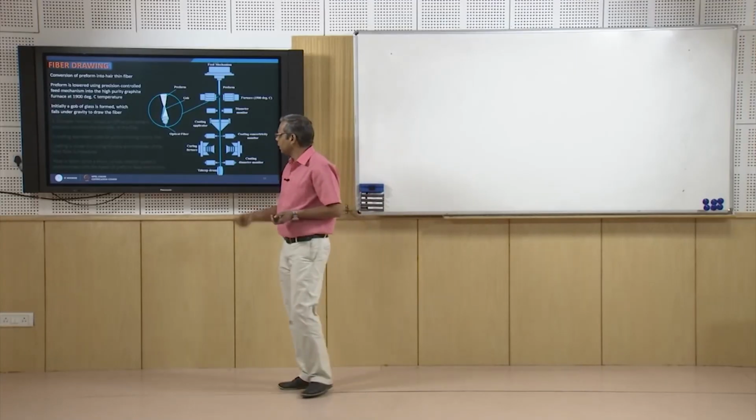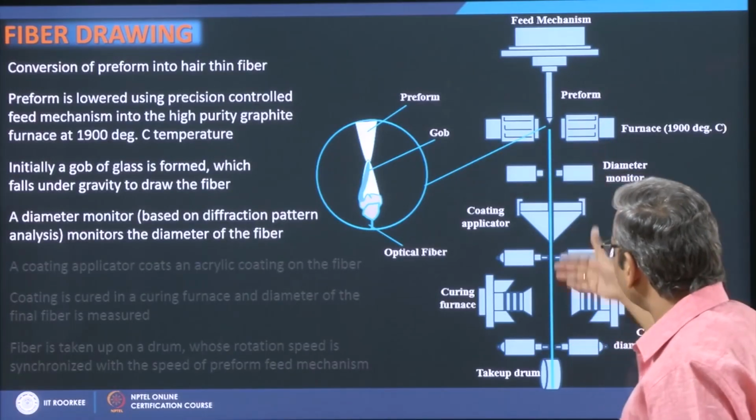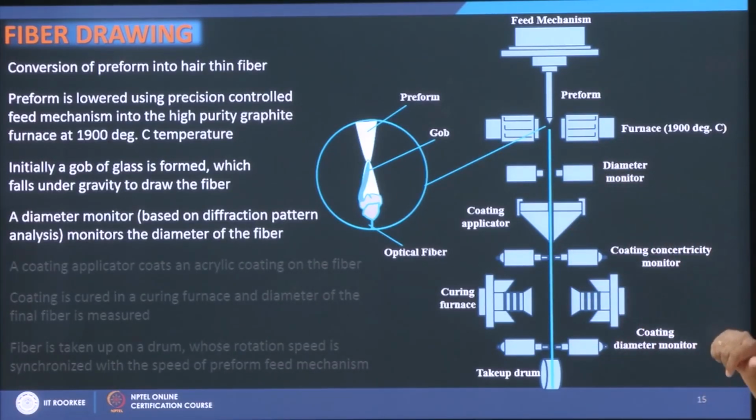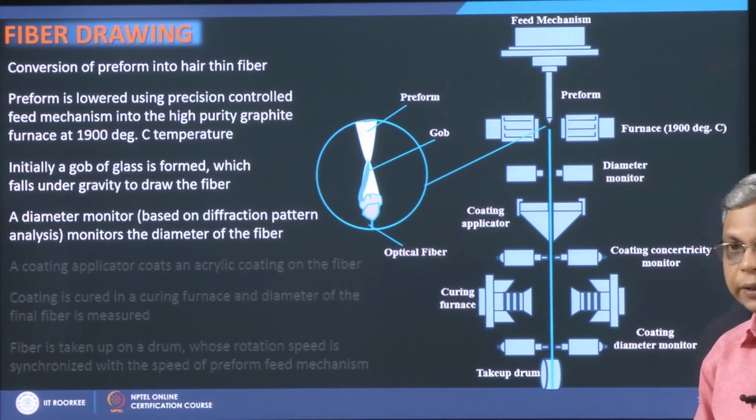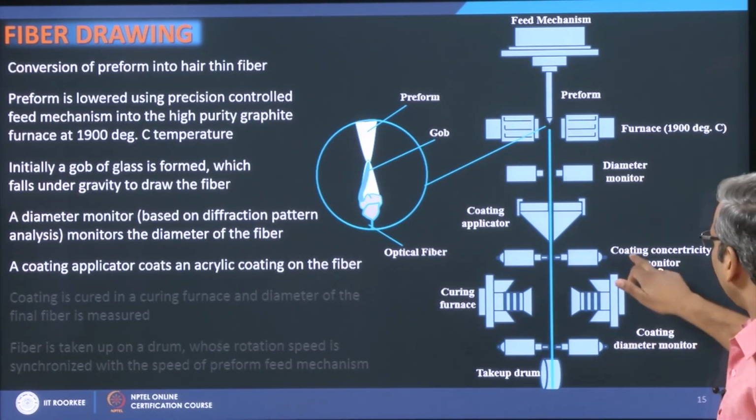A coherent bundle can be used for image transmission like this. So, if you light up these fibers at the input end, at the output end also these fibers are lit up and you can transmit the image. In an incoherent bundle, since the relative positions of the fibers are not the same at the input and output ends, the image is scrambled.